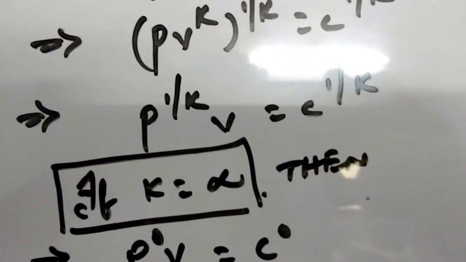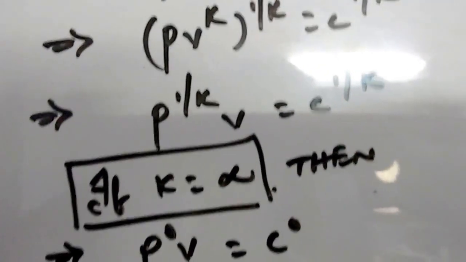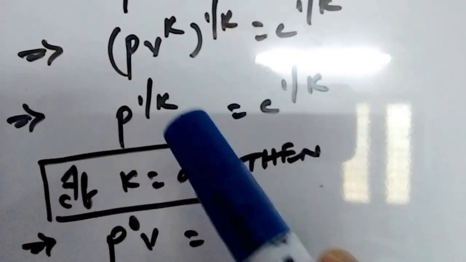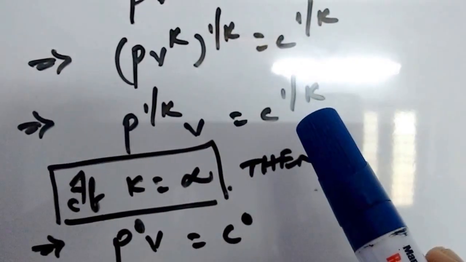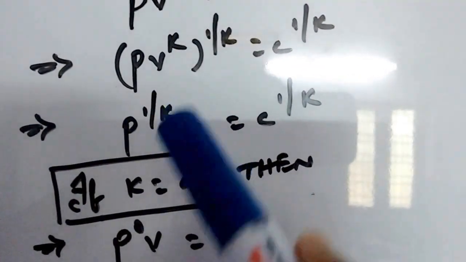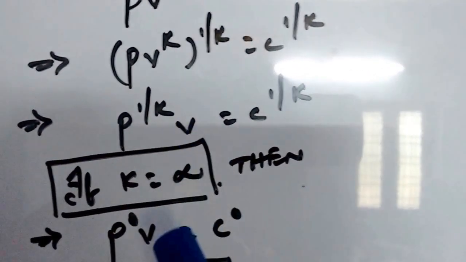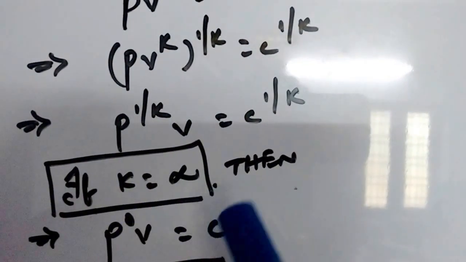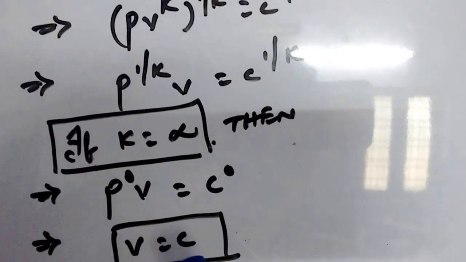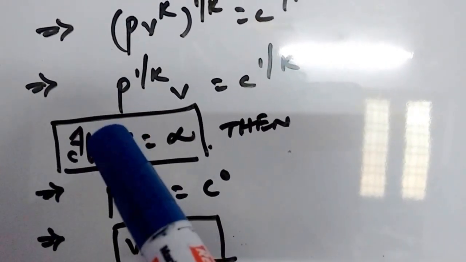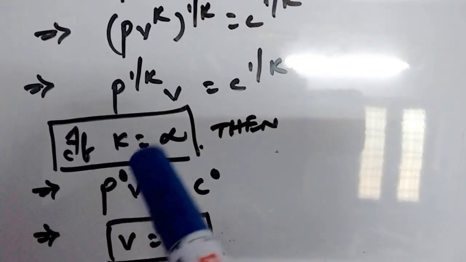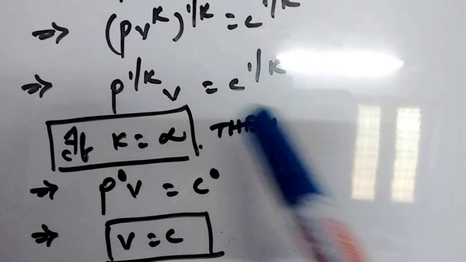If you substitute K = infinity, then P^(1/infinity) into V = C^(1/infinity). 1/infinity must be 0. Therefore, P^0 into V = C^0. Finally, P^0 = 1 and C^0 = 1, so volume is equal to constant. From this, we can conclude that K = infinity for the constant volume process.